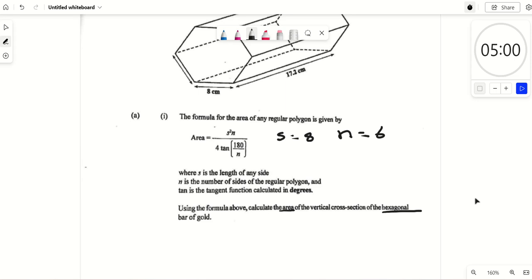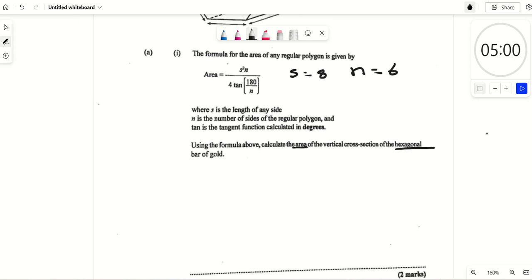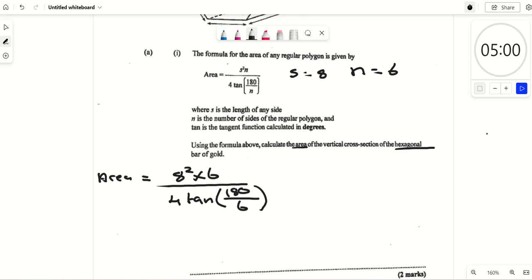So basically, area is equal to 8 squared multiplied by 6 all over 4 tan 180 over 6.